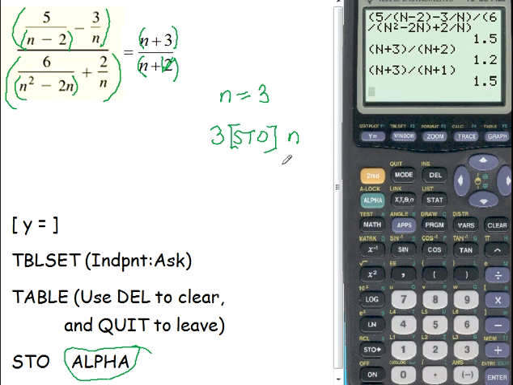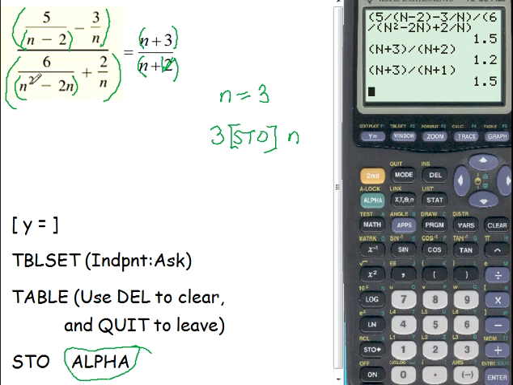So let me go back through this. The first thing you do if you're using this screen instead of the table feature is that you just assign a value to your variable by using the store key. And then you hit 3 store n or 100 store n, whatever you want to use.